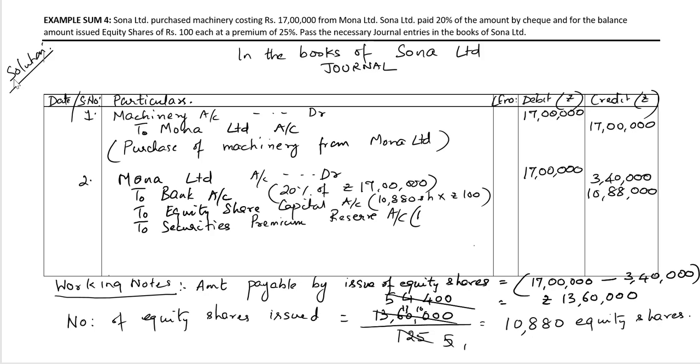And against security premium reserve, I will write 10,880 shares multiplied by rupees 25 premium per share. Comes up to 2,72,000 rupees.